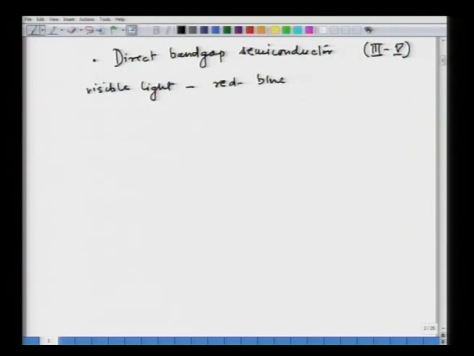and the energy range in which we are talking about, if we go from 0 to band gap of something like 7 eV, the visible range.